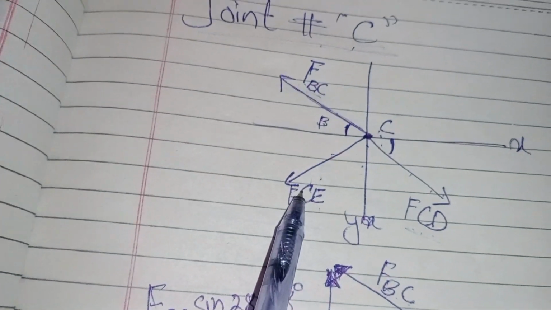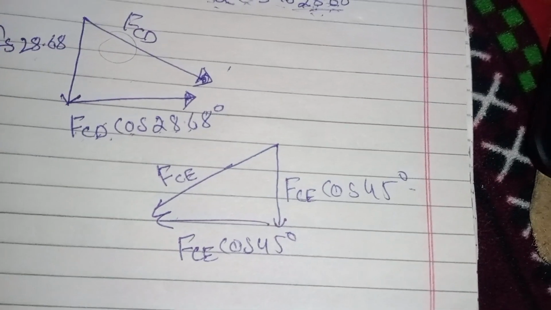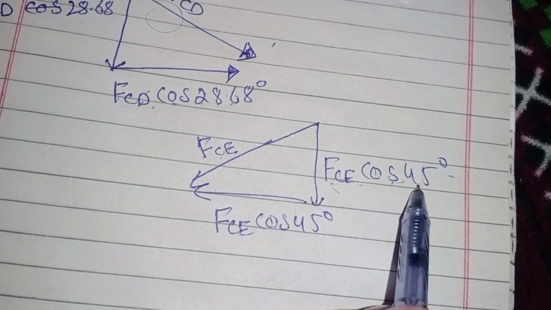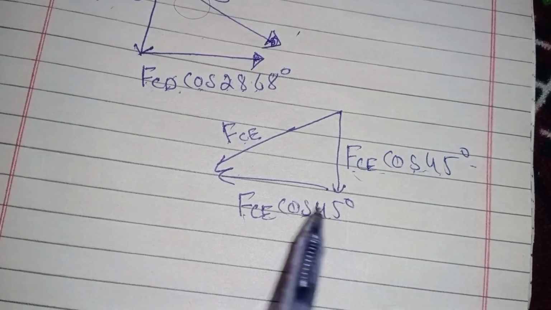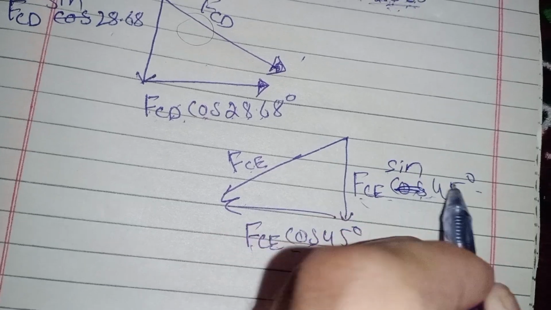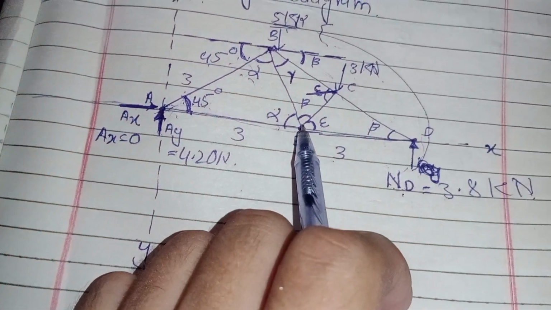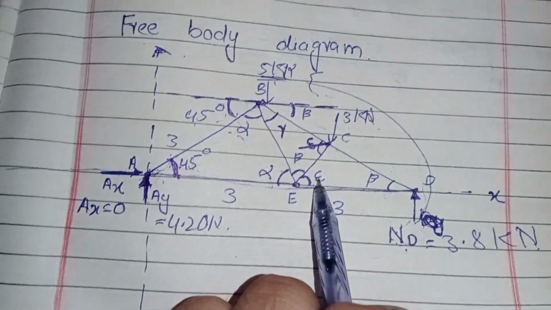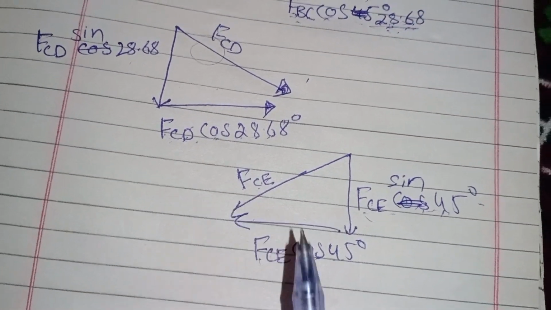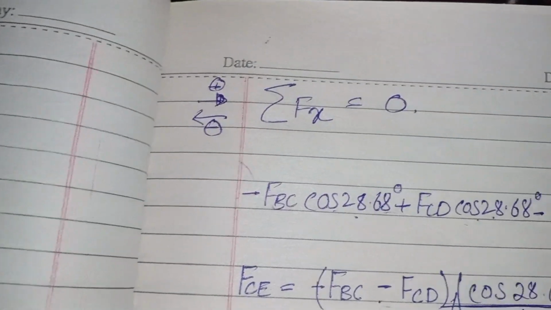I also resolve the force FCE into components: FCE cos 45 and FCE sin 45, since it makes angle Z of 45 degrees with the horizontal. After that we take the equilibrium equations.